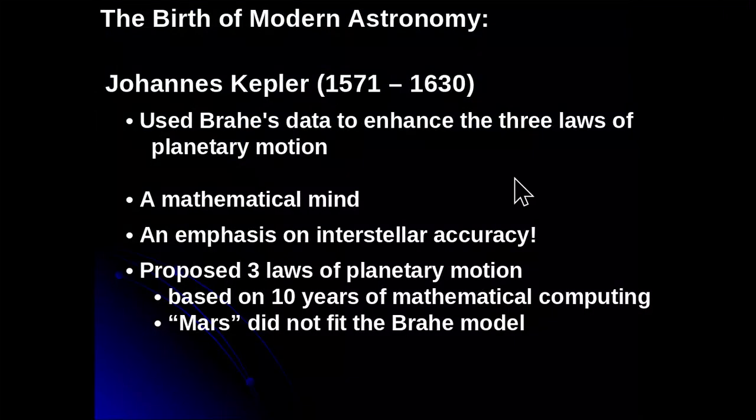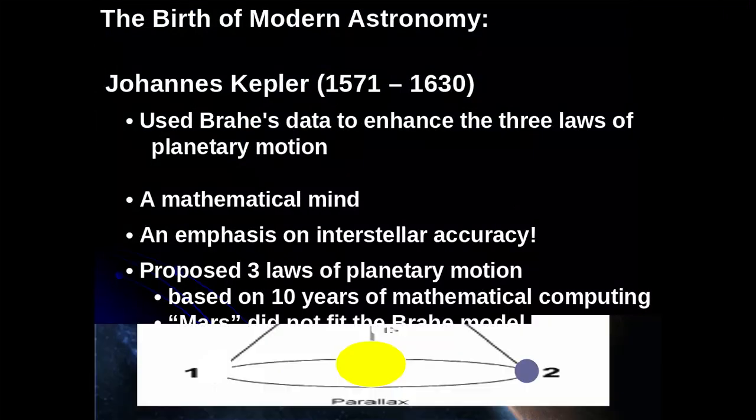Okay, let's now move into Johannes Kepler. And again, look at the time span, 1571 to 1630. So again, what do you notice about the gaining of knowledge? It's starting to increase very rapidly, starting to move very fast. Again, you had Ptolemy, you had Copernicus, and right after Copernicus, Tycho, and then right after Tycho, you have Kepler.